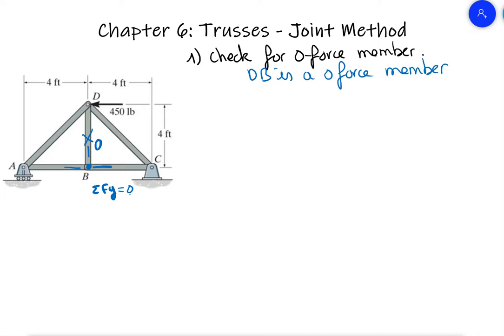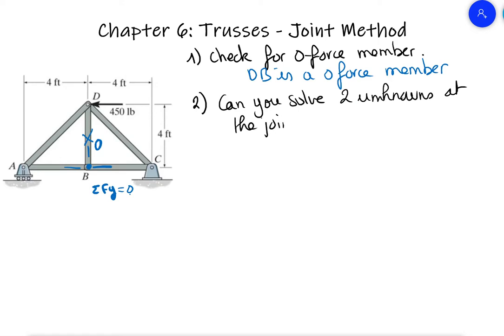Okay, two, there's a different option. I will say, can you solve two unknowns at the joint, and it could be the joint where you have external load.